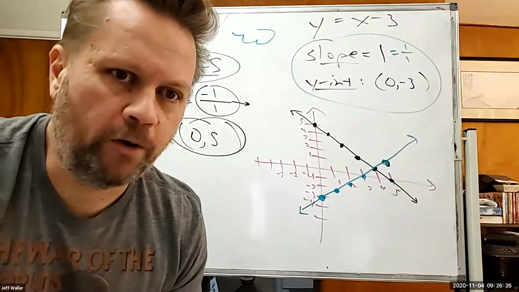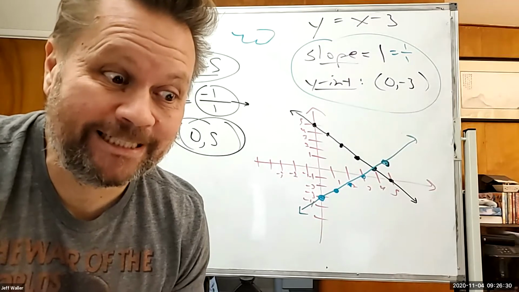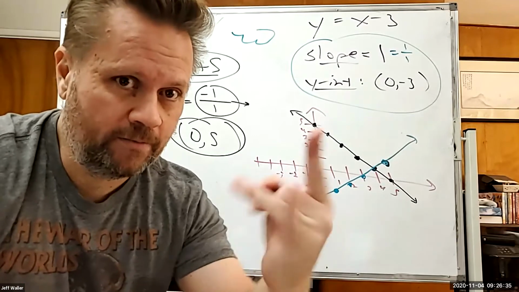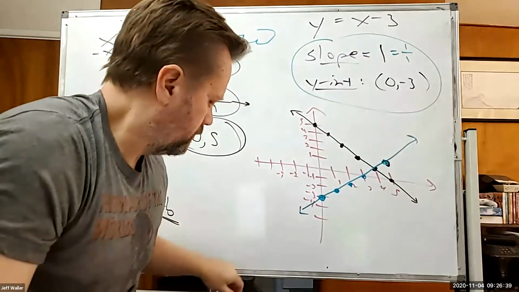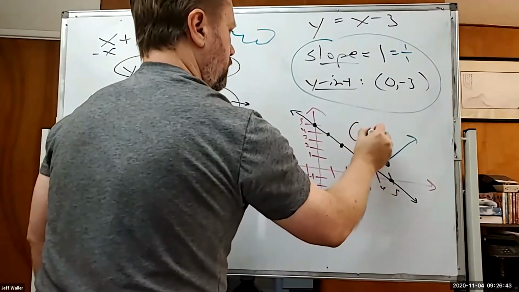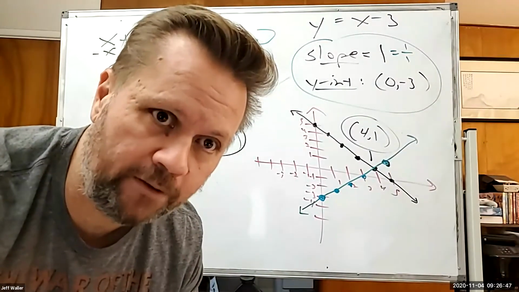The point where they intersect. You had it backwards. 4, 1. Which, remember, isn't that the answer we got earlier by observation? We saw that.